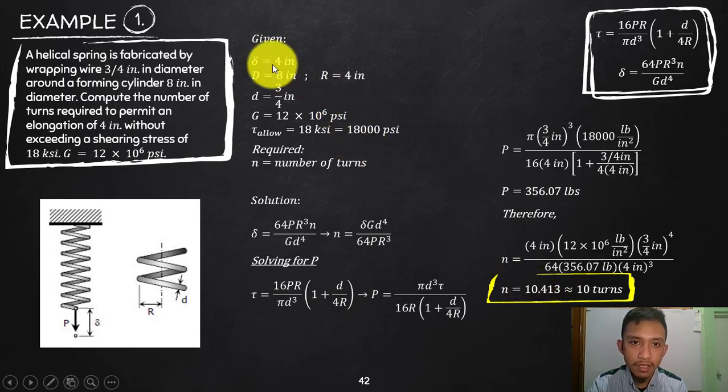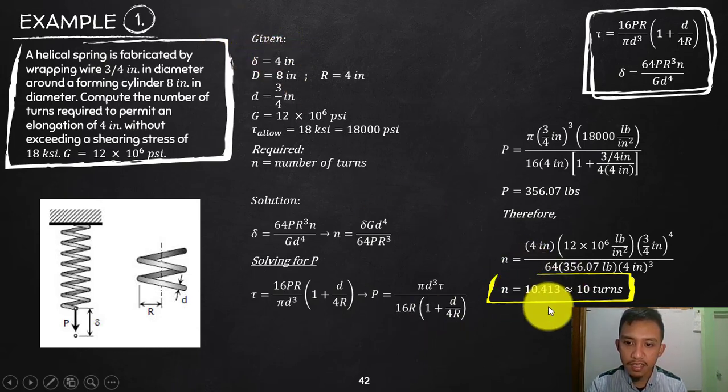It will be exceeding a little bit your 4 inches, the allowable deformation. So I'd rather round it down to 10 turns. So 10 turns definitely will not be equal to 4, but close to 4, less than. So it means it is maximized.